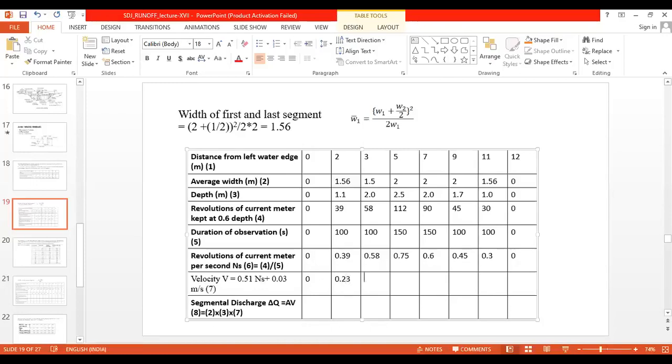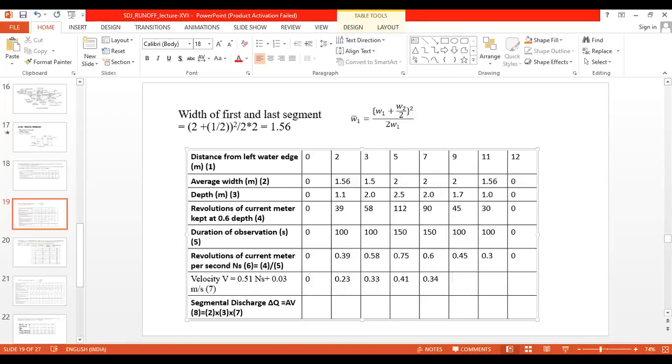The next one is 0.51 into 0.58 plus 0.03, that is 0.33. Then 0.51 into 0.75 plus 0.03, that is 0.41. The next to that, 0.51 into 0.6 plus 0.03, that is 0.34.